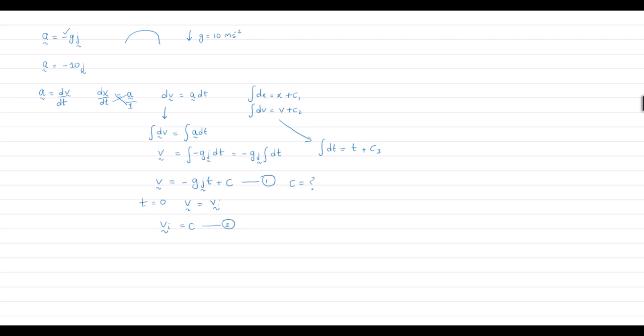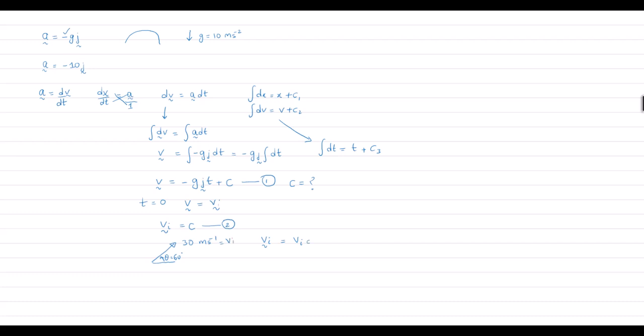Now, what was given in the question was that the projectile is fired with an initial velocity magnitude of 30 meter per second, and it was fired at an angle of 60 degrees, right? So we have to translate this into vector notation, and this can be written as initial velocity vi.